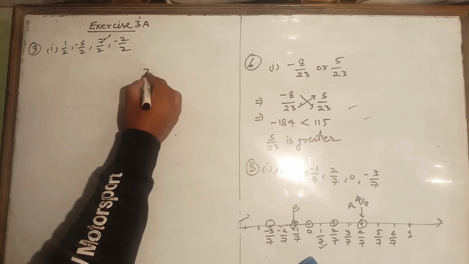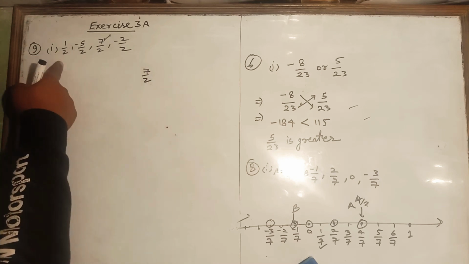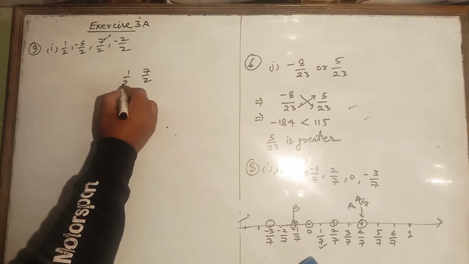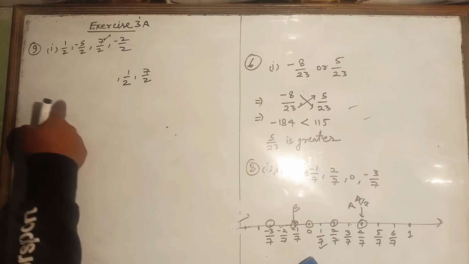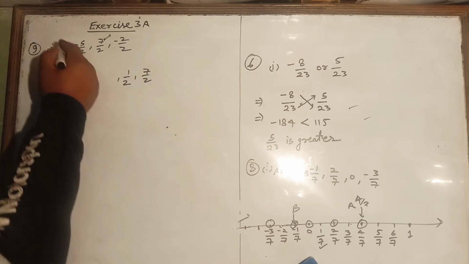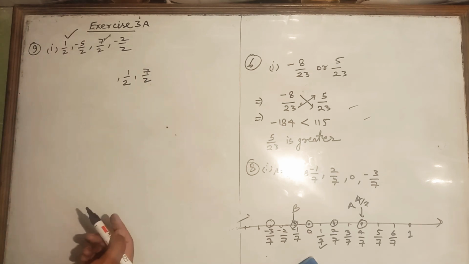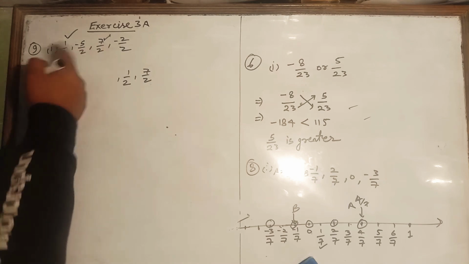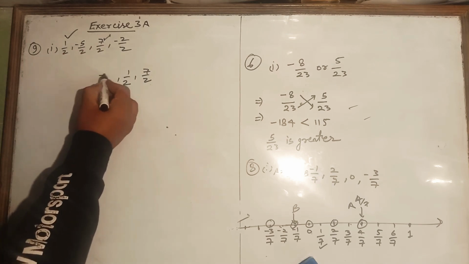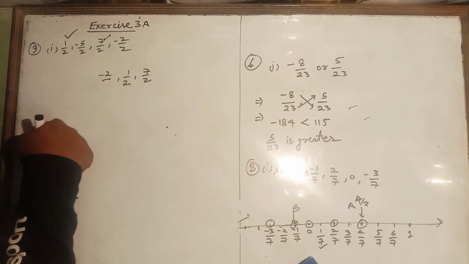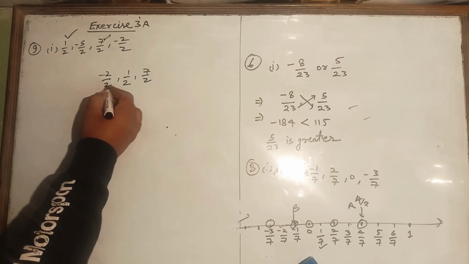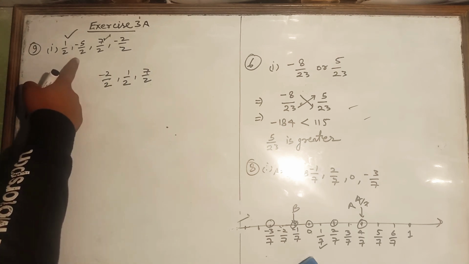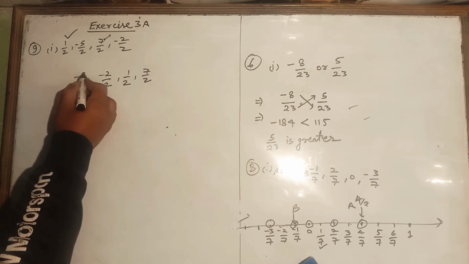Greatest will be 7 by 2, because the greater numerator is there. What will be before that? 1 by 2. Now which one is greater, minus 5 or minus 2? Obviously minus 2 is greater. In negative numbers, the smaller value will be greater. Minus 2 upon 2 means minus 1, then minus 5 by 2.